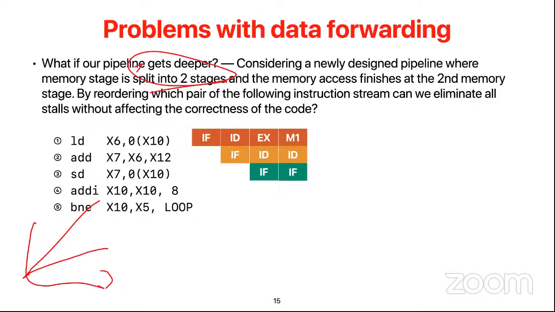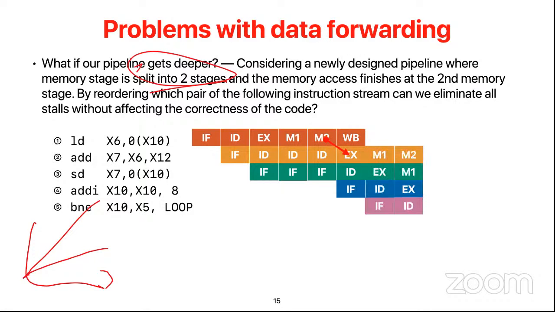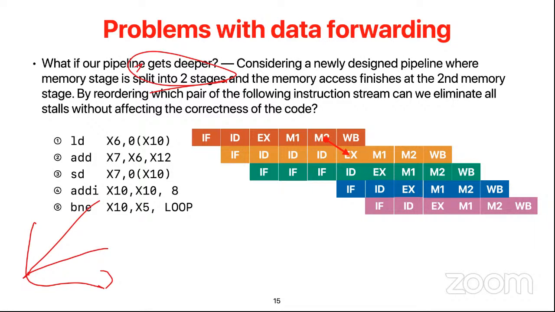What will happen is that if your pipeline gets deeper, then data forwarding does help, however you are going to increase your stalls, right? So data forwarding is also not a perfect solution, in the sense that as your pipeline gets deeper and deeper, the number of stalls you have to experience also increases with your pipeline stages. So your overall pipeline performance will not be great.